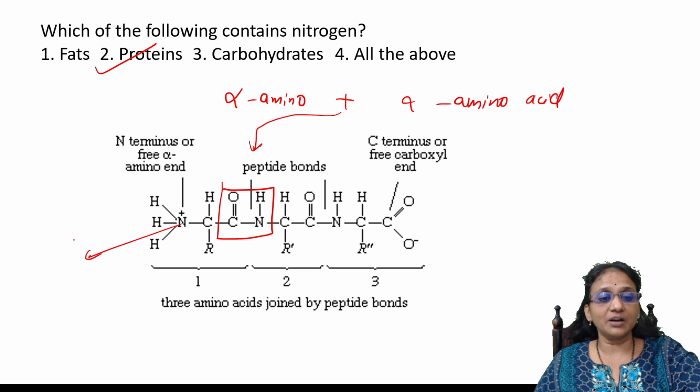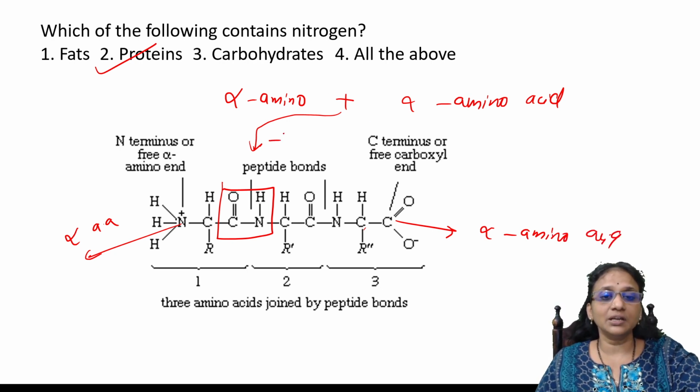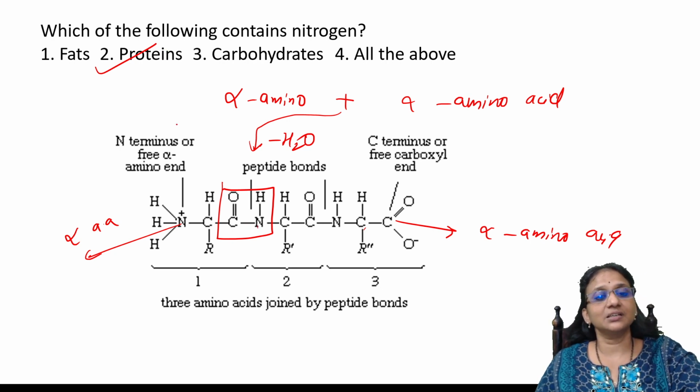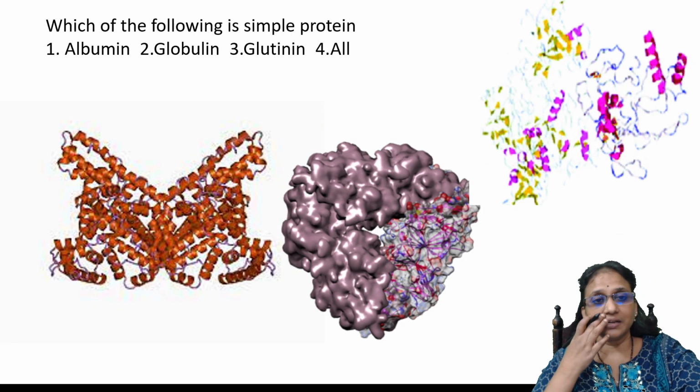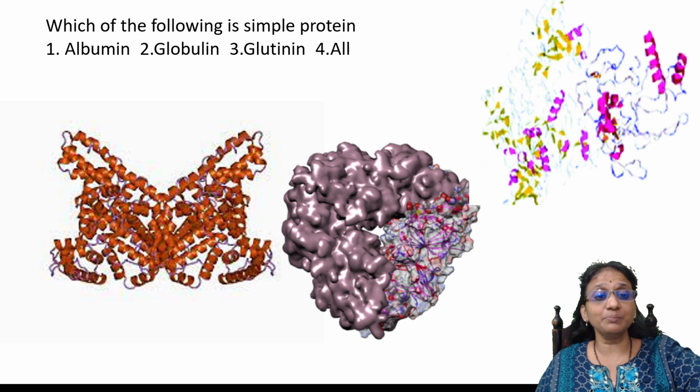This is your alpha amino acid, and this is your alpha amino acid, and they combine, eliminate a water molecule, and form a peptide. Now they're asking where nitrogen is present. It is present in proteins. Perfect.